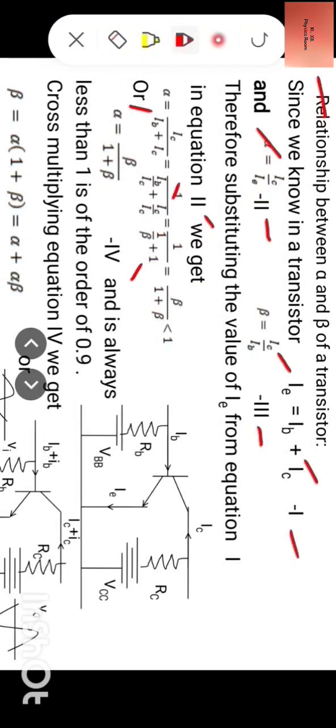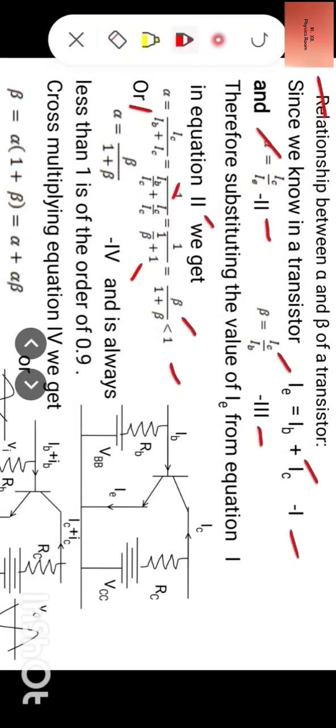So we have alpha is equal to 1 divided by 1 by beta plus 1. On simplification we get it is equal to beta divided by 1 plus beta, which is less than 1, because the denominator is more than the numerator, which is beta. So therefore it comes out to be less than 1.